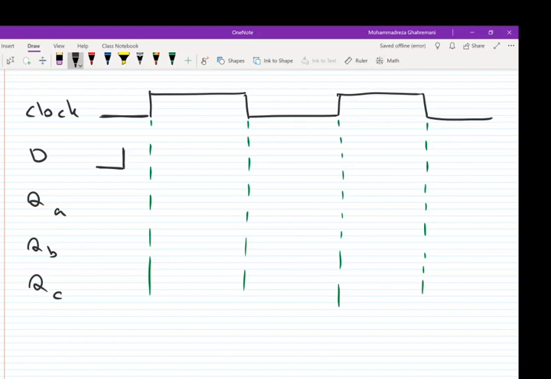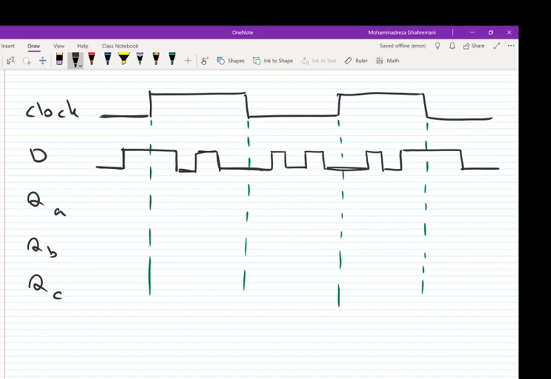So this one is input. Okay, this one is the input, and we want to find the output.